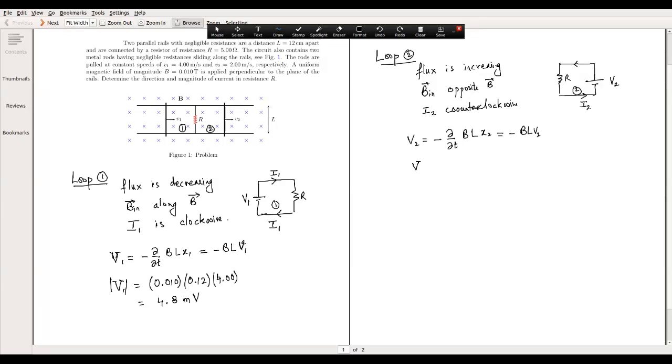Magnitude of this voltage V2 is equal to 0.010, that's the magnetic field, L is 12 centimeters, which is 0.12 meters. And the velocity with which the rod is being pulled this time is half of the velocity v1. That leads to, if it was 4.8 millivolt, this should come out to be 2.4 millivolt.